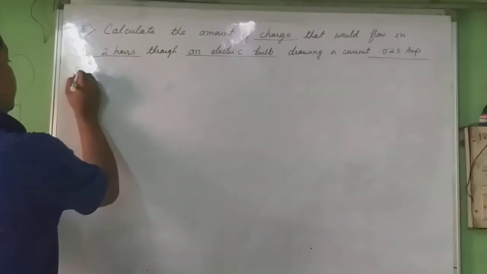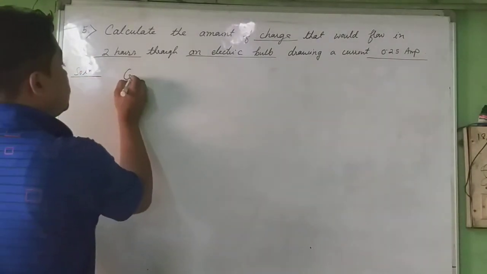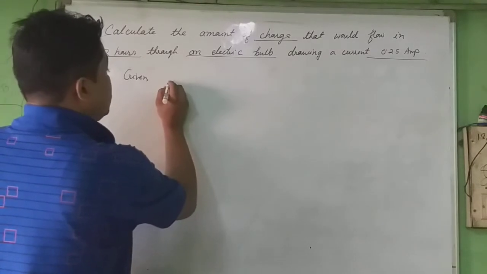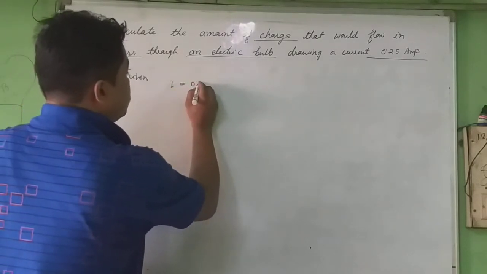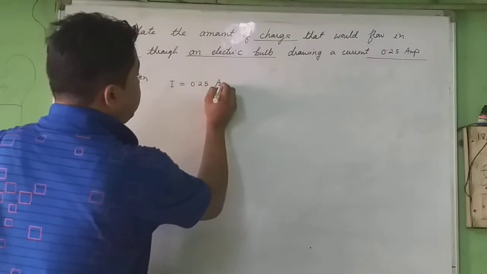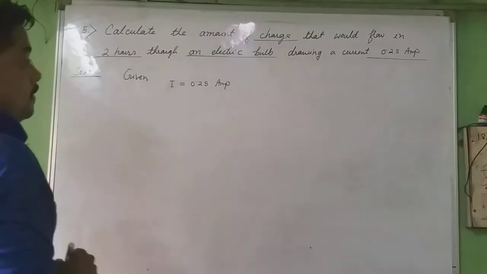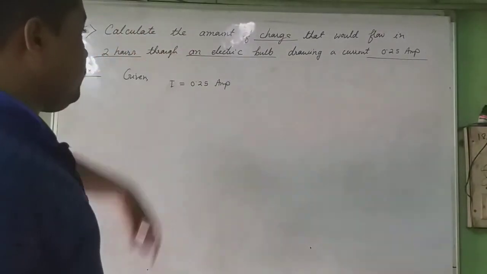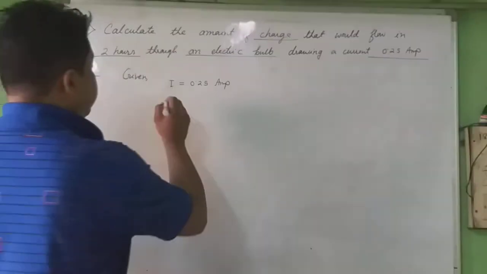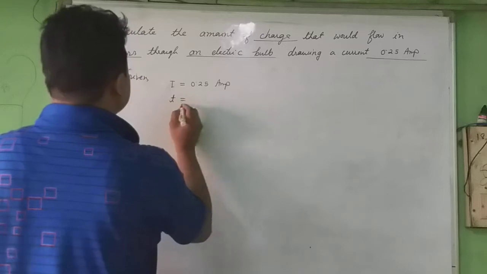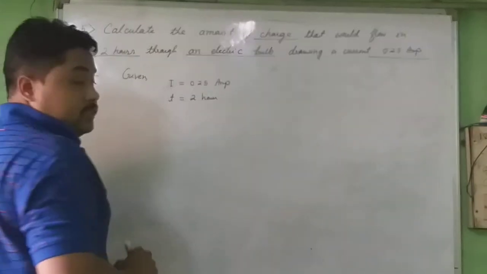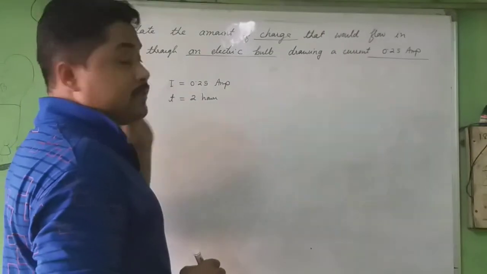So in this question, given current I is 0.25 ampere, the current drawn from the supply voltage or the battery, and time is 2 hours. But hour is not the SI unit of time.